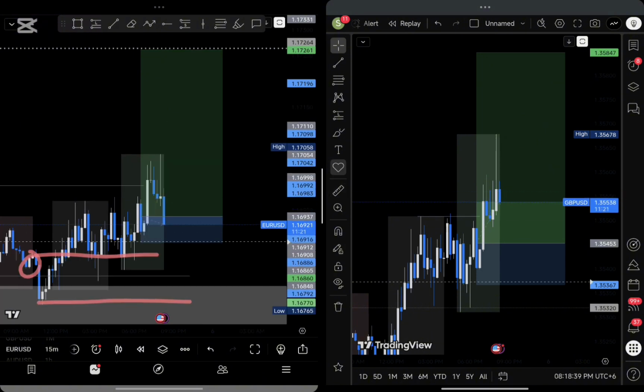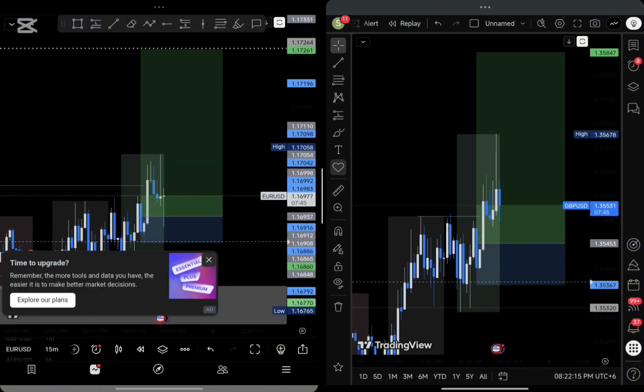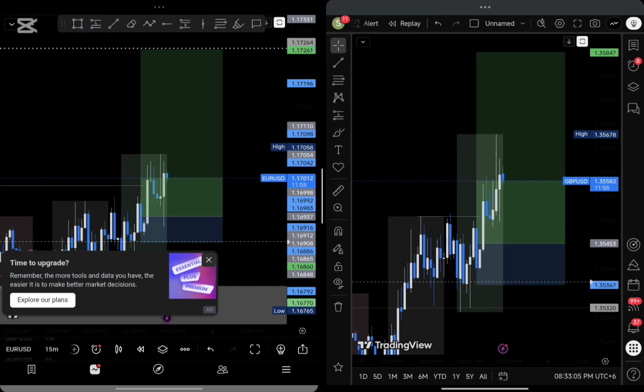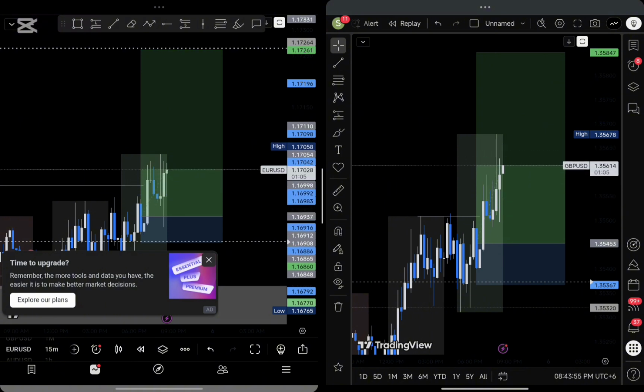So I think that was the news candle which moved bullish but ended up creating a big wick above. But then again, GU is just skyrocketing and EU is moving bullish, but it's still quite range bound if you take a look at this one.